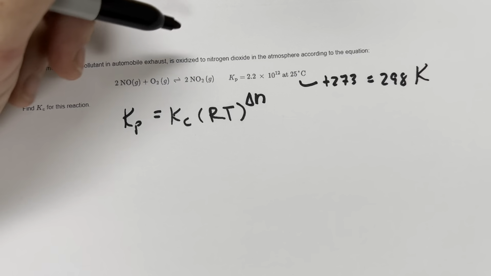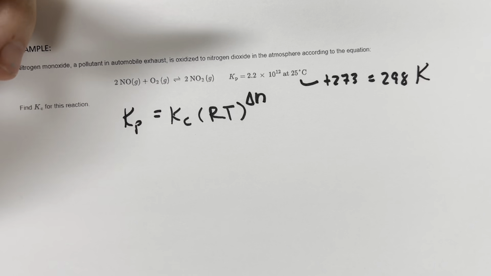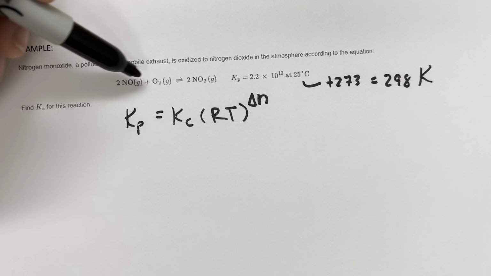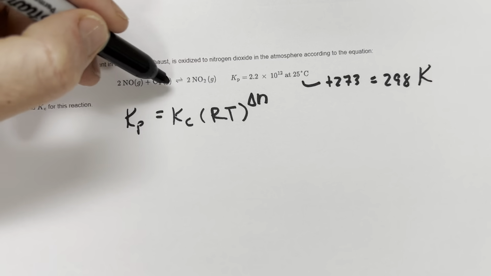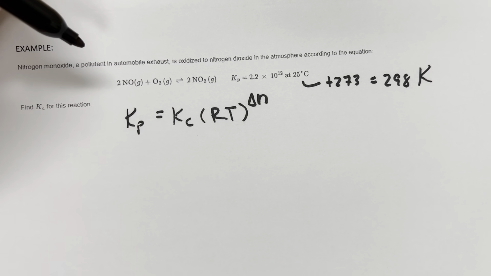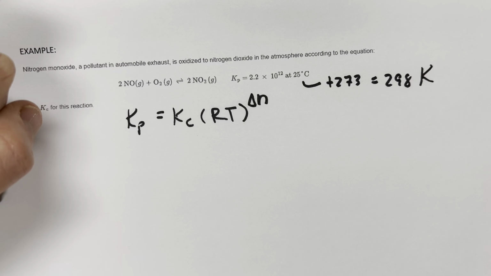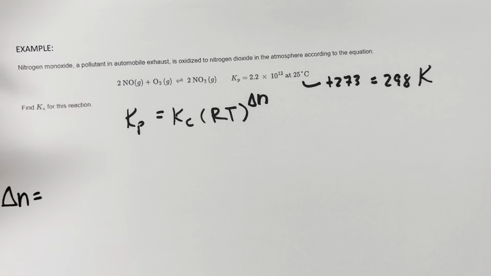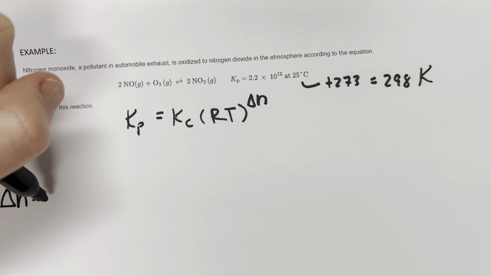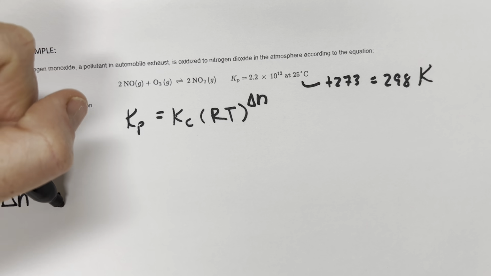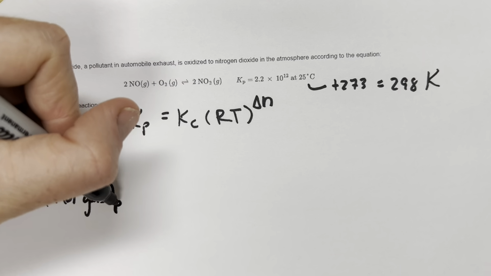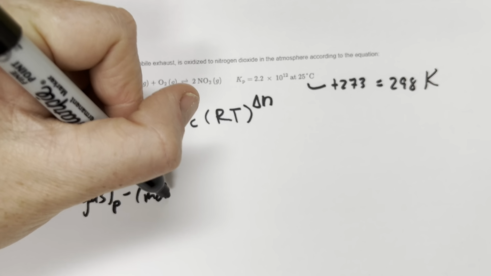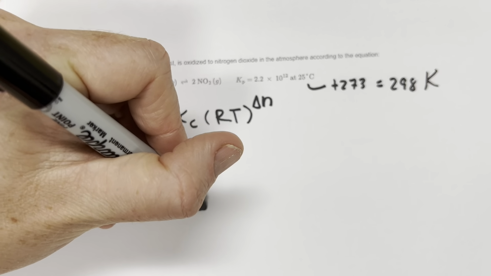I told you that it's going to be the number of moles of gas on the product side minus the number of moles of gas on the reactant side. By number of moles, all I mean is we add up the total amount of moles based on their coefficients on each side. So delta n equals the total number of moles of gas on the products minus the moles of gas on the reactants.